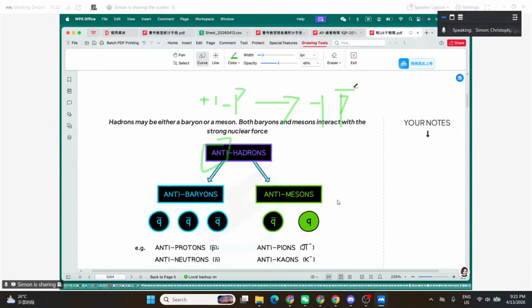Antimatter has all the same properties except the charge quantity. No problem now.